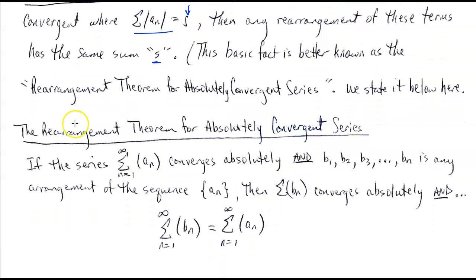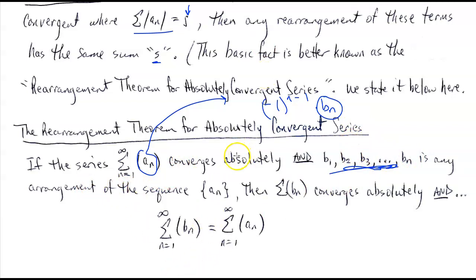It says that if we have some series composed of the sequence a sub n, an infinite series that converges absolutely, and the b sub 1, b sub 2, b sub 3, all the way to b sub n, basically what we're looking at is a sub n as this alternating series part times this b sub n part. So we're looking at the non-negative portion of what a sub n is.